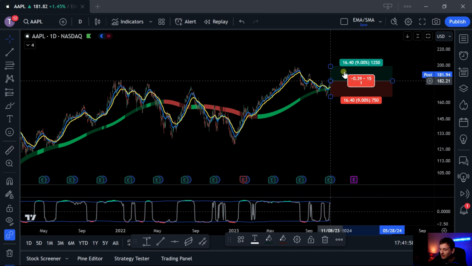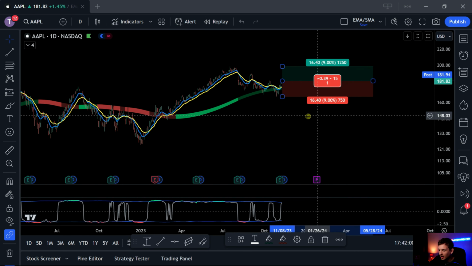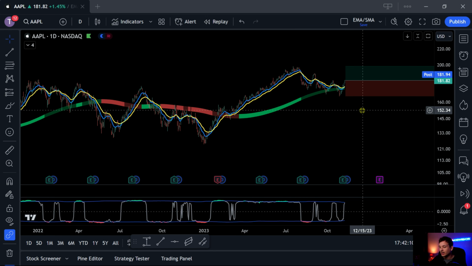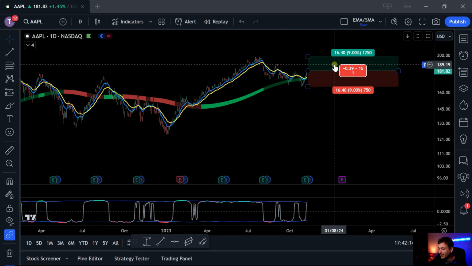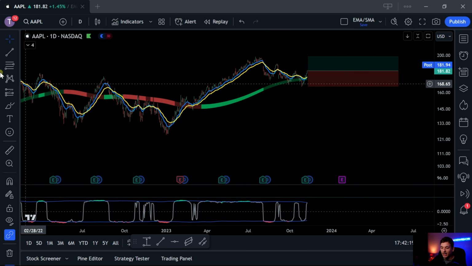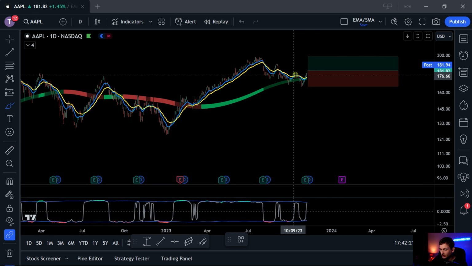Now, the disadvantage you have here is that it's not leveraged, right? The TQQQ is a triple leverage ETF of QQQ, which is the NASDAQ, okay? So 9%, which would be great to get back to previous highs. You can't complain about that. If it comes down, you can scale in, right? Let's just draw a drawing here.